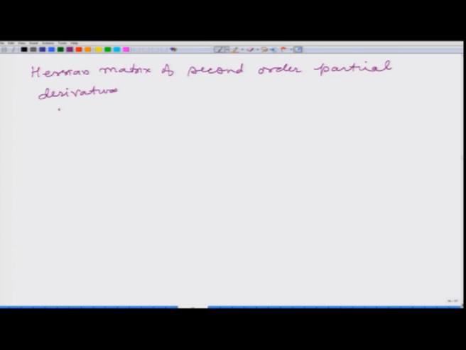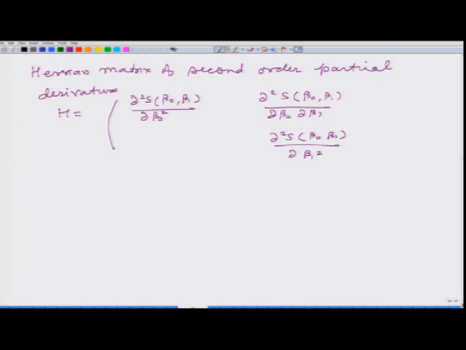is defined here as H, which is a 2 by 2 matrix with the second order partial derivative of S with respect to beta 0 squared, then the partial derivative with respect to d beta 0 d beta 1, and on the second diagonal the partial derivative of S with respect to beta 1 squared. The off-diagonal term is going to be the same, with respect to d beta 0 d beta 1.